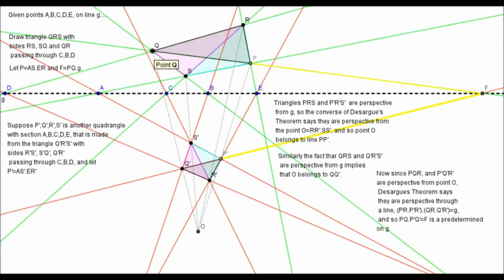A bit of thought should convince you that that line is indeed g, this dashed line.